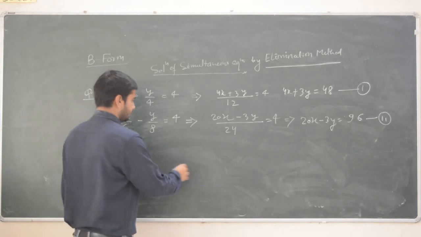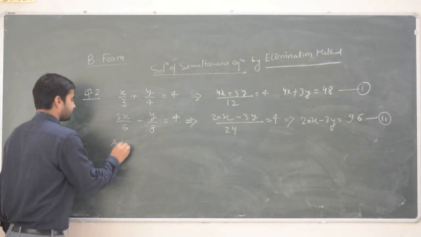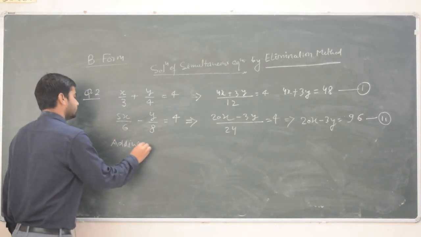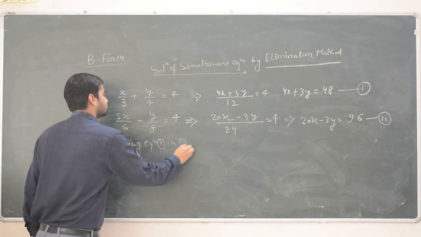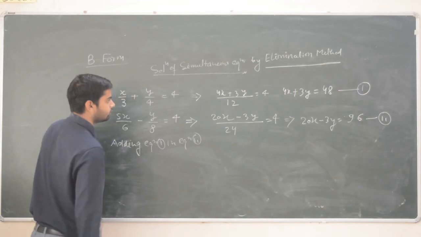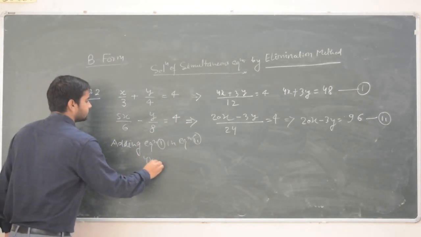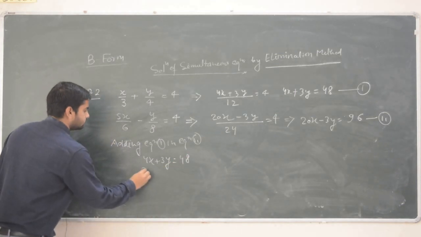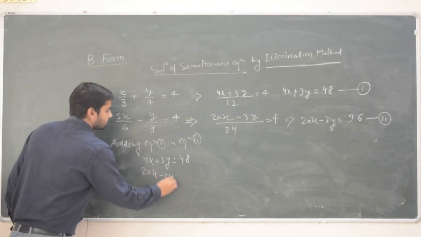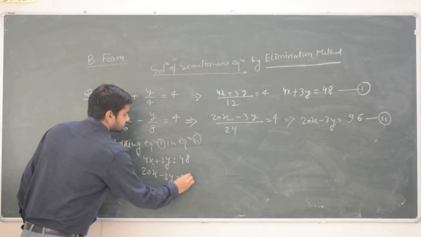So I am going to write: adding equation 1 to equation 2. We have 4x plus 3y equal to 48 and 20x minus 3y equal to 96.